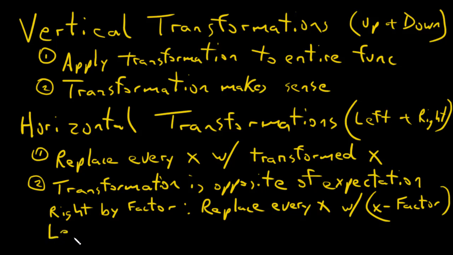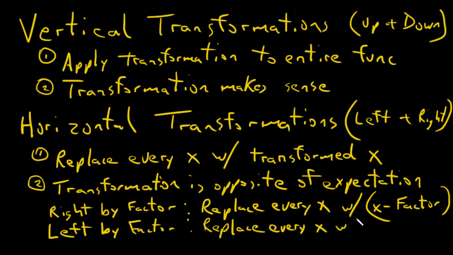When we go left by a factor, some amount, I'm going to replace every x with x plus the factor. The transformations, if they're horizontal, are always the opposite. If I want to go right, I subtract from the x. If I want to go left, I add to the x. And I replace every x in my original function with that altered one.